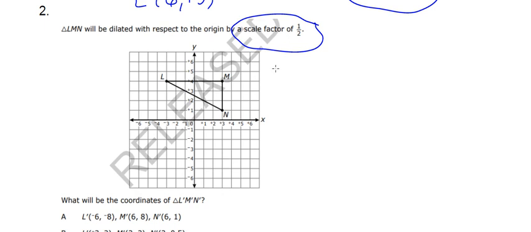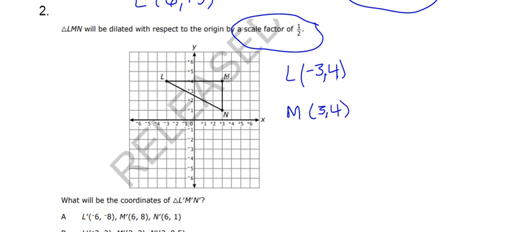So basically, I need to know where each of these ordered pairs are going to be after I multiply them by 1/2. So I'm going to write their original locations. So point L is currently located at -3, 4. And point M is currently located at 3, 4.